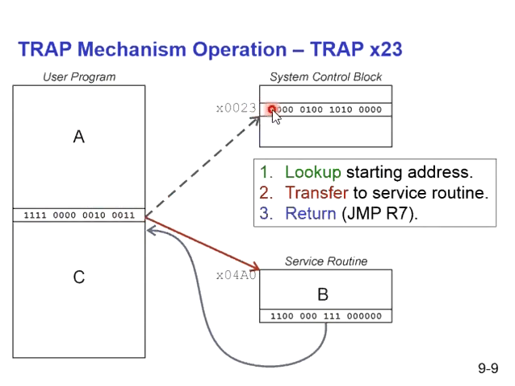So we have the index 0023 in the system control block. So we have the data there, the address 04A0, and that's the address of a subroutine. And over here at the end of the subroutine, we have the 1100. This is the return, and you don't need to write it because it is already in the subroutine over here.